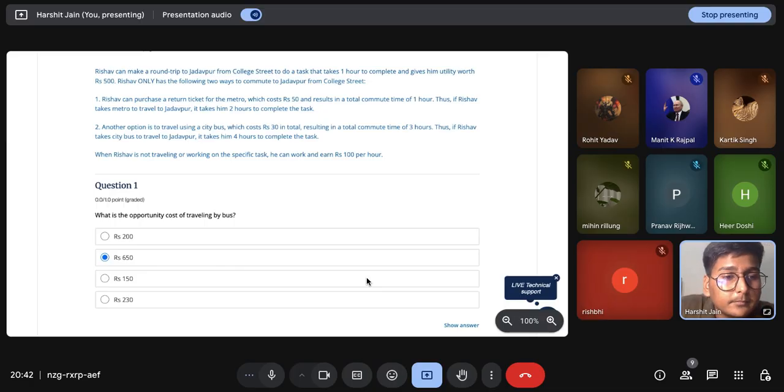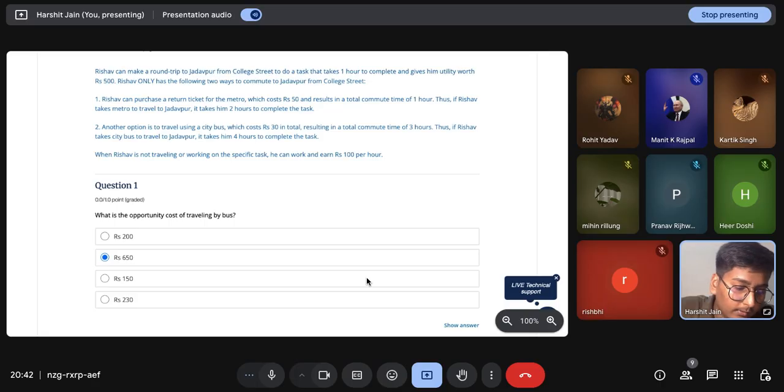So the 500 rupees that he earned at the college and the 200 rupees that he can earn by doing work on the specific task at home, since 2 hours are saved by traveling by metro.